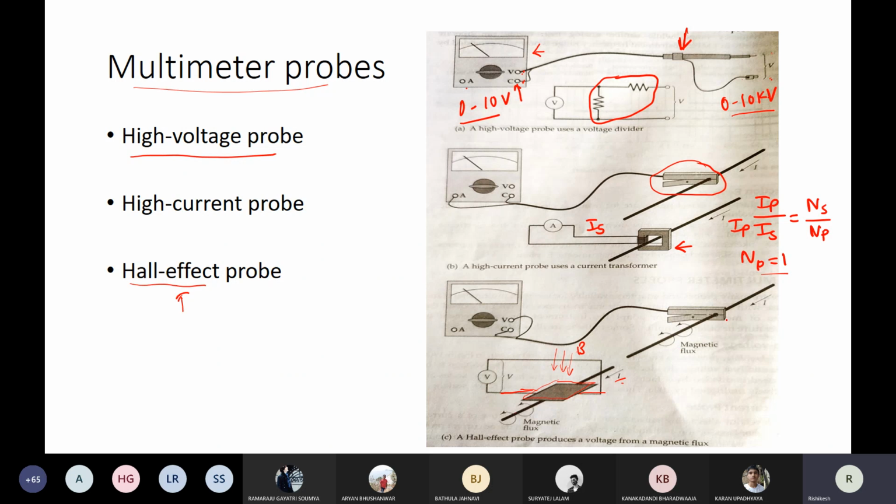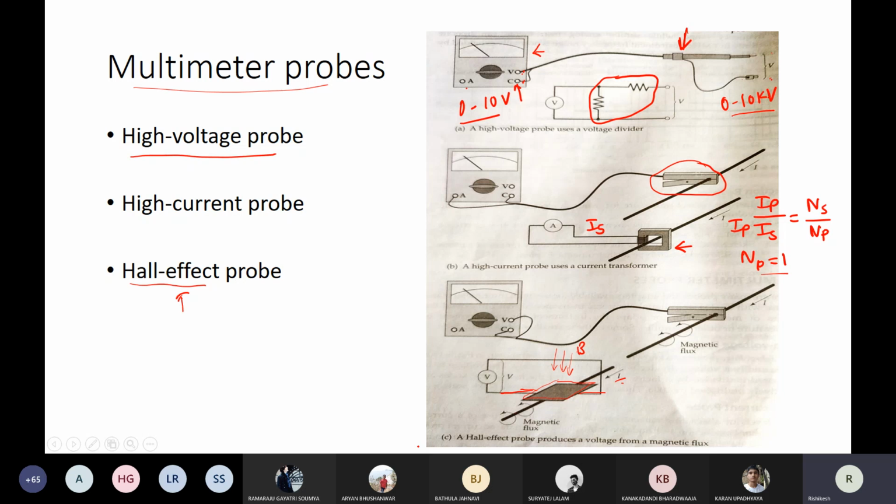These Hall effect sensors also look like the current transformer, but the working principle is different. They are slightly less bulky than a current transformer, but the purpose is to convert the current into a corresponding voltage. This is known as the Hall effect.